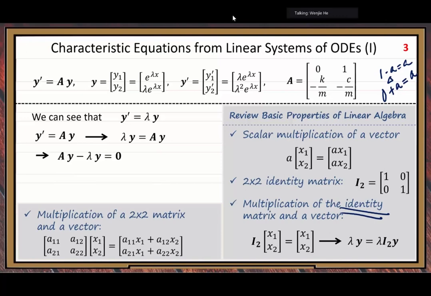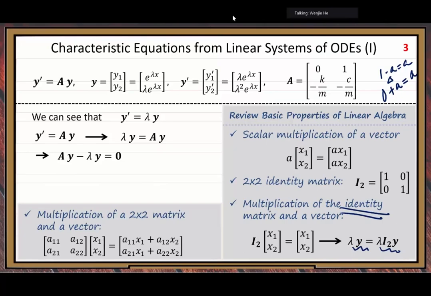Because the y vector equals identity I2 times y, right? So y itself equals I2 times y, right? Identity does not change the value of the object, right?